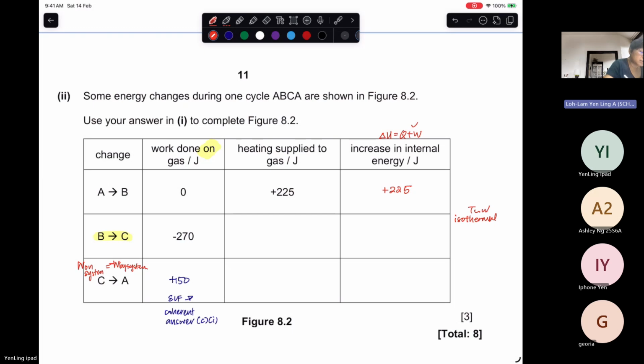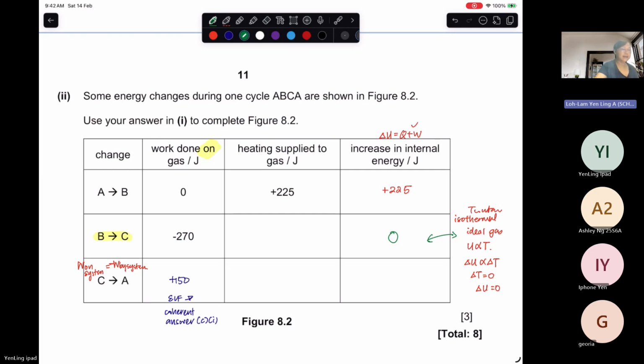So T is constant from B to C, and it is ideal gas. U is proportional to T. So change in U is proportional to change in T. So change in T is 0, change in U is 0. This is the concept to get this one. Okay, so this is the concept that is involved.